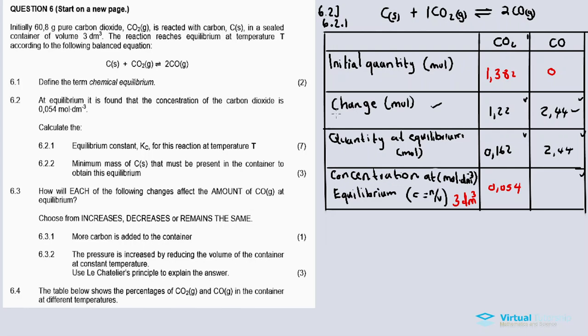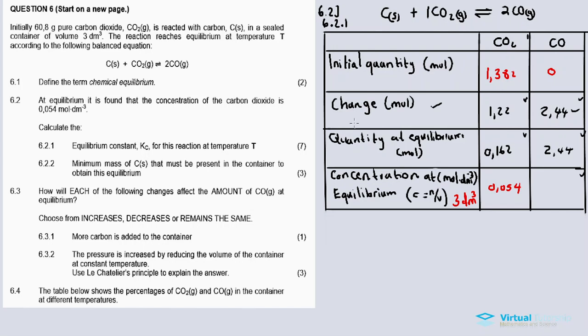At equilibrium it will be the same, 2.44. So the change value is the same as the reacted amount, right? That's why I say stoichiometry here. Because I want the reacted amount of carbon dioxide, or not the reacted amount, the formed amount. This is the reacted amount. And for carbon monoxide we form 2.44.